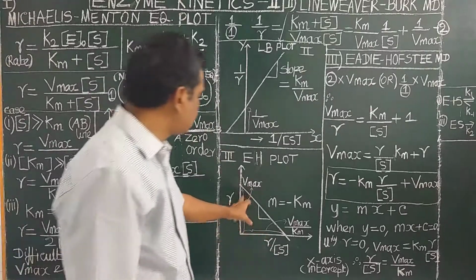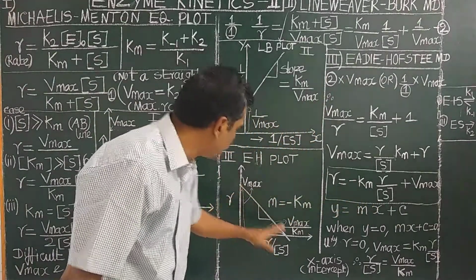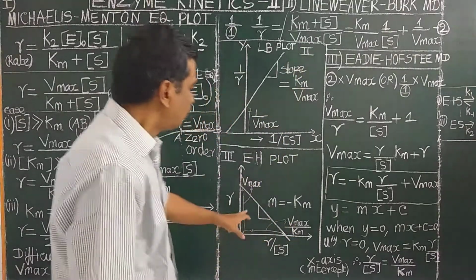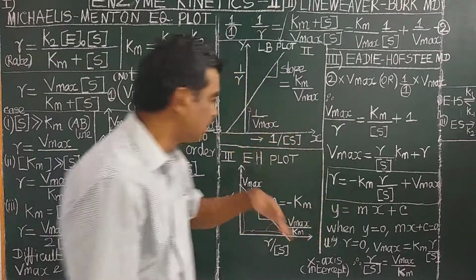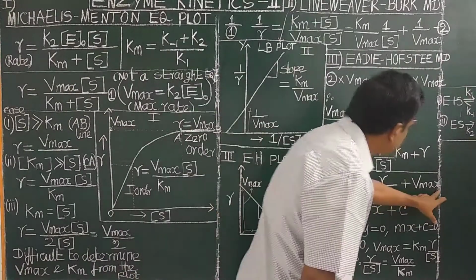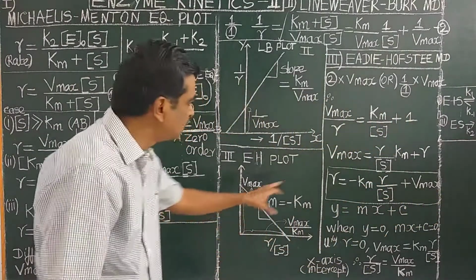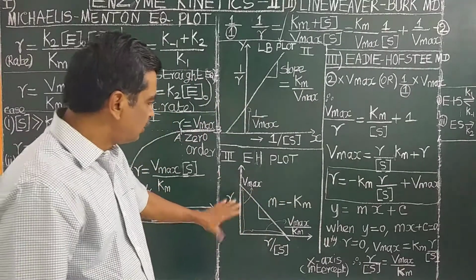Now a straight line is obtained with a negative slope. From the slope, the Km value is obtained. C is called the y-axis intercept. This is Vmax.